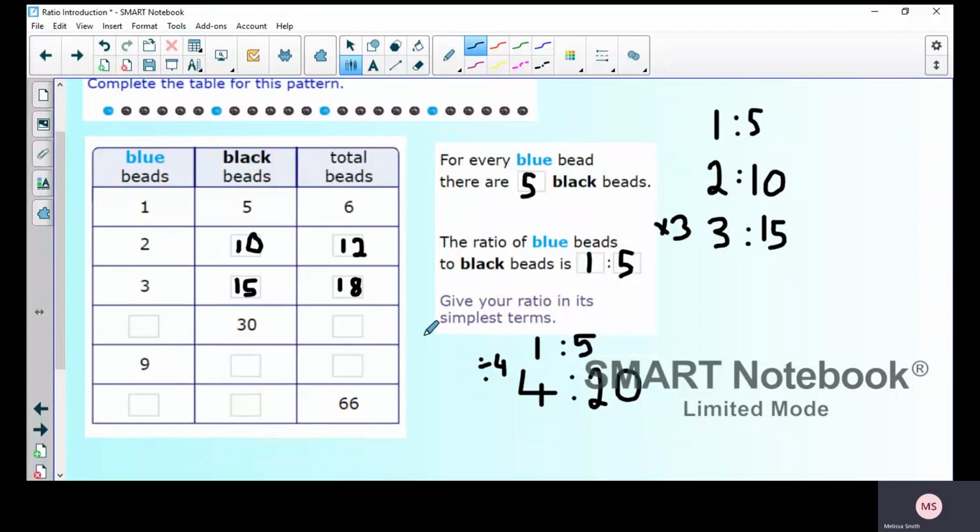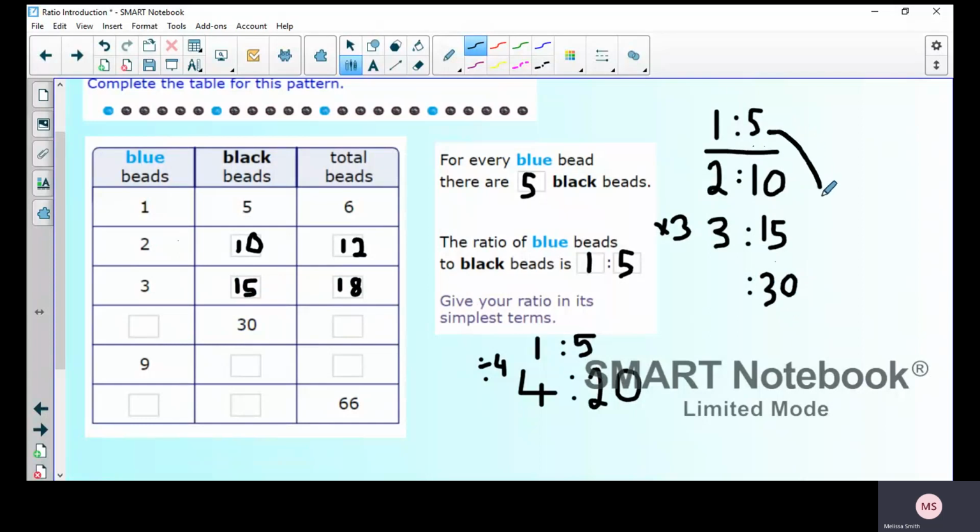This next one is a bit trickier. It doesn't tell me the number of blue beads. This time I've been given the number of black beads. How would I go about solving that? Well, let's write my ratio. I know that it's 30 black beads. Let's look at my original ratio here.